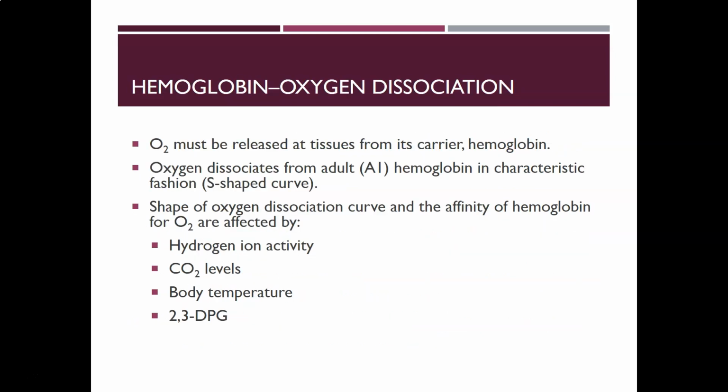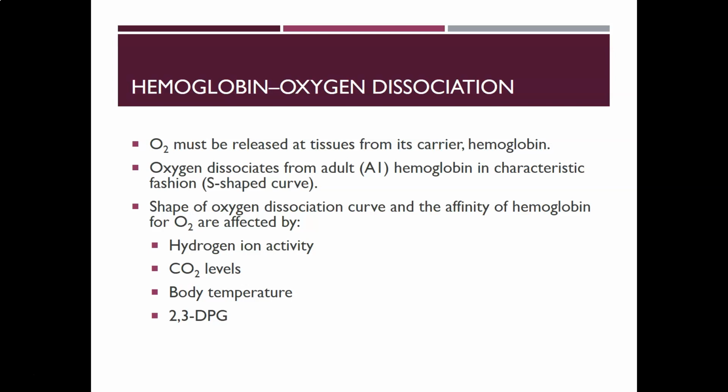And then last, let's talk about hemoglobin-oxygen dissociation. Hemoglobin has to be able to pick up oxygen and then let go of oxygen at the appropriate times. You want it to let go of oxygen at the tissues so that it can cross over into the cells and be used to create ATP. Normally oxygen dissociates from adult hemoglobin, which is A1 hemoglobin, in a characteristic fashion, an S-shaped curve, which I'm going to show you in a second.